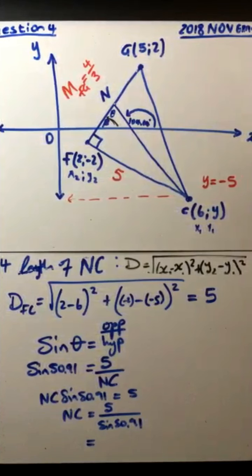It's 6,44. Guys, are we all getting the same answer? Yes, sir. I got 6,44 as well. 6,44 units.